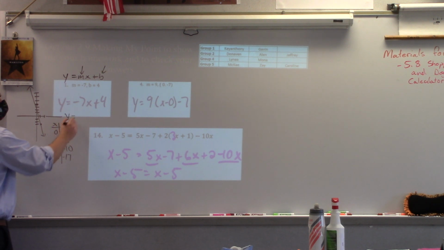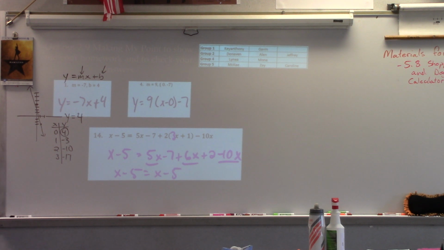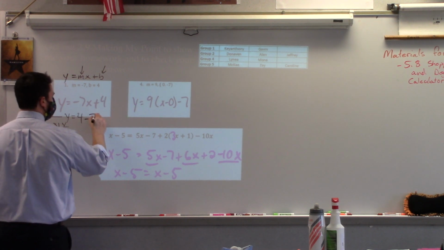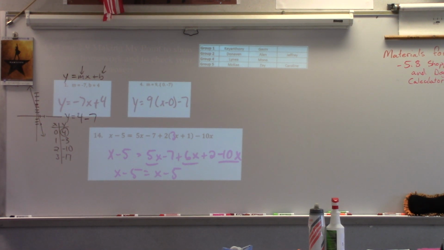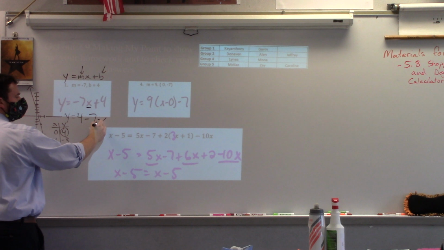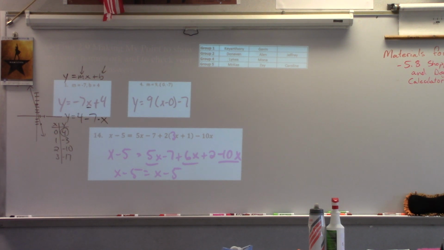Notice the y value is starting at 4. And then what are we repeatedly doing to that 4? Subtracting how much? 7. How am I going to show that I'm repeatedly taking 7 away? Multiply. By? M. The independent variable.